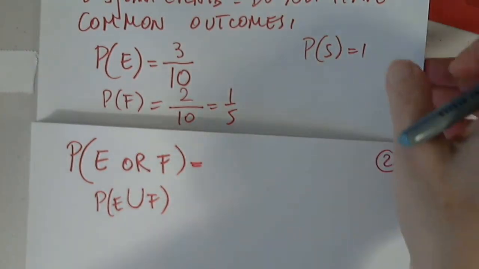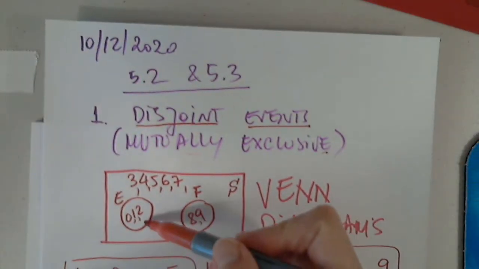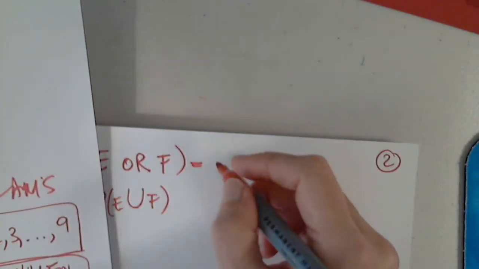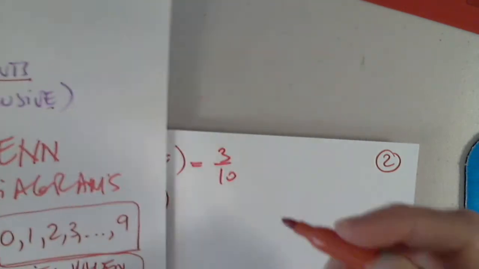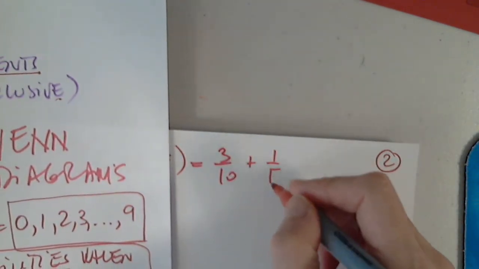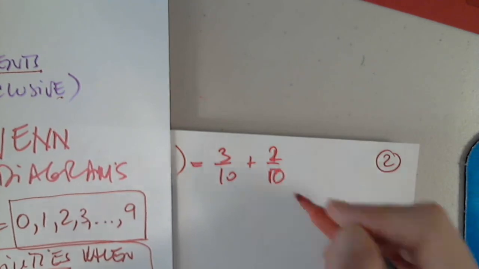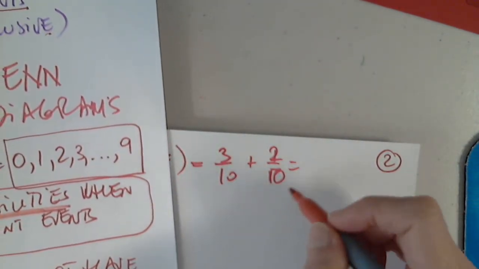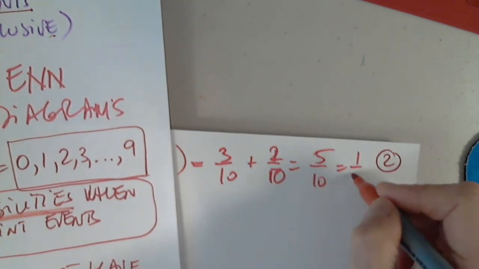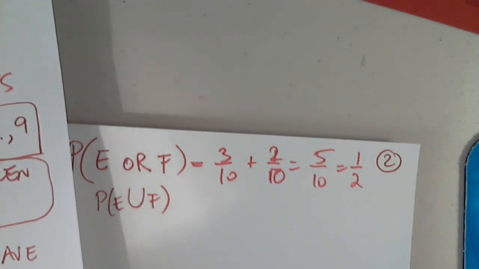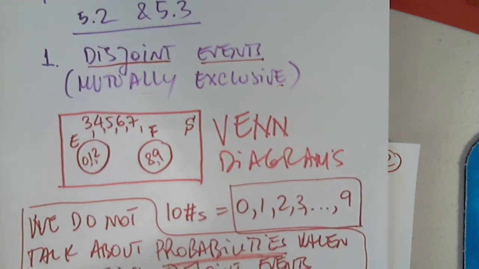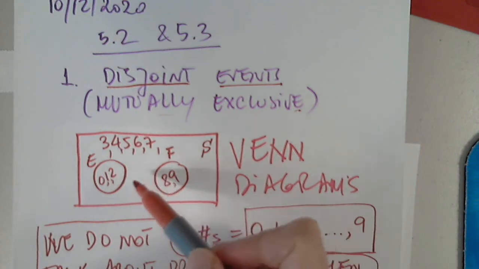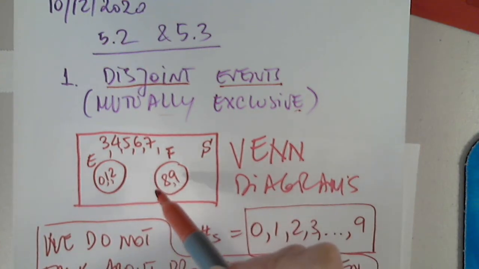So obviously, since the probability of E is 3 divided by 10, and the probability of F is 2 divided by 10, I have to add them up. They have the same denominator, so it's 5 divided by 10, so this is 1/2. This happened because they do not have a common element at all.